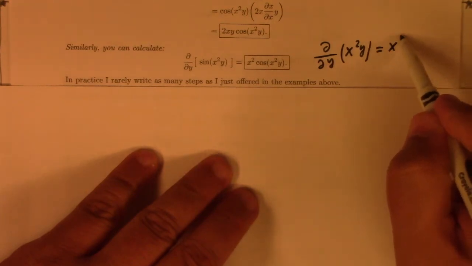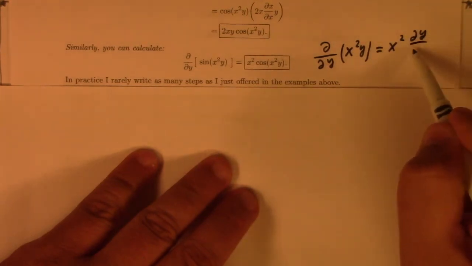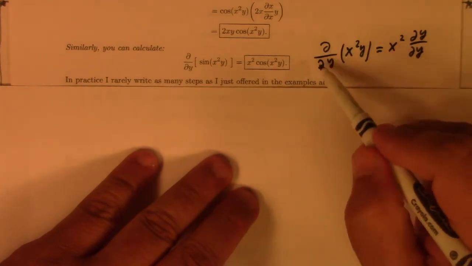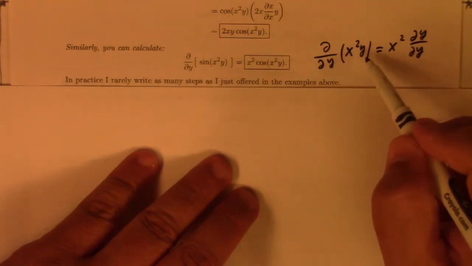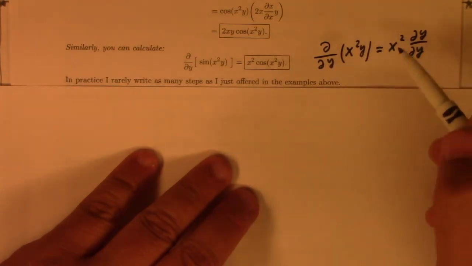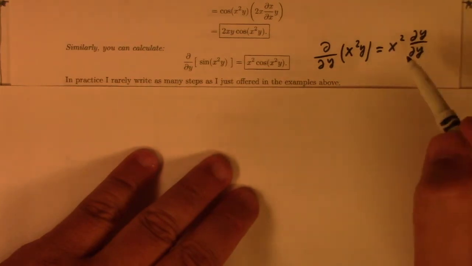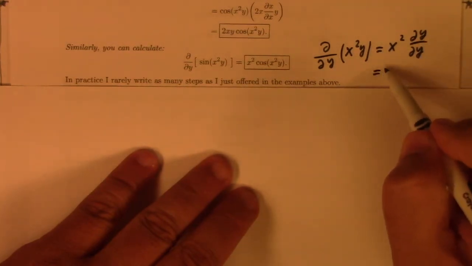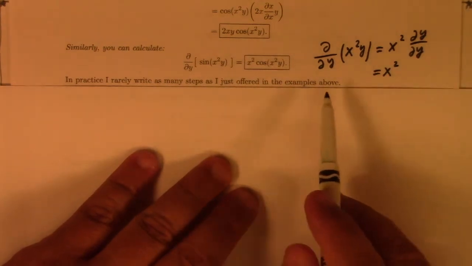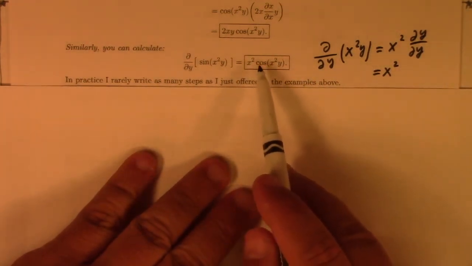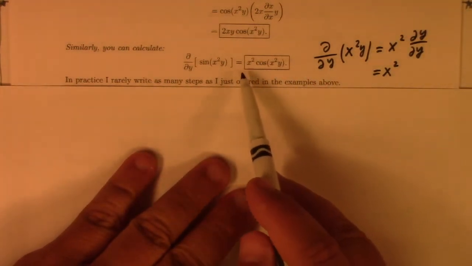You can pull it out. That's how I think about these. When we're partial differentiating with respect to y, the x is a constant, so you can pull it out. And then partial y of y is just 1, so we just get x squared. So the chain rule and this calculation give you that answer right there.